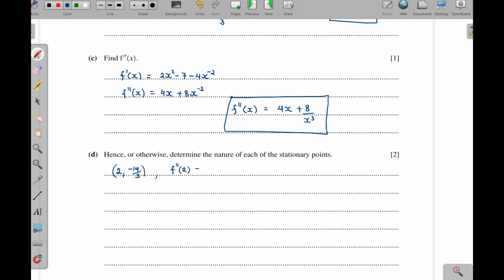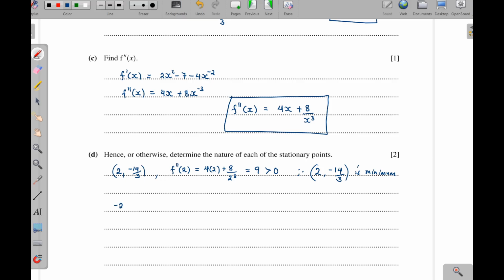So here we shall get 4 times 2, which is 8, then plus 8 out of 2 power 3, which is 8, not so. So this is a 1, then plus the 8, that will be a 9. This 9 is greater than 0. So this simply implies that this point here is minimum, because if the second derivative is greater than 0, then we have a minimum point, okay?